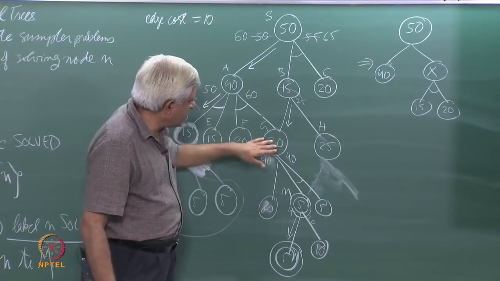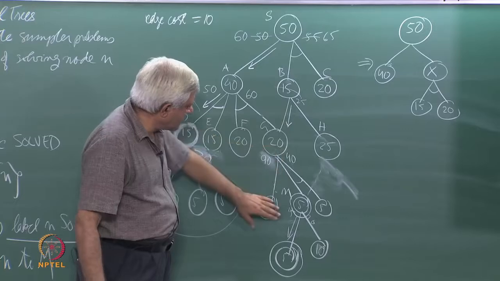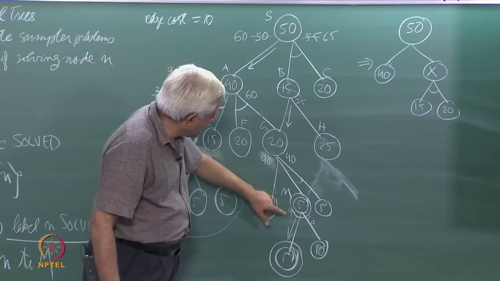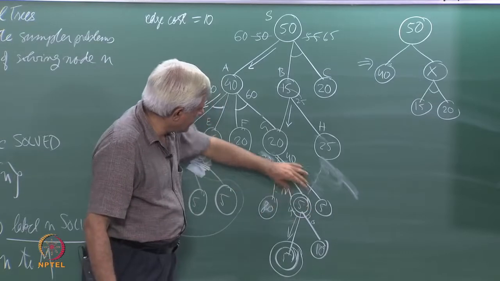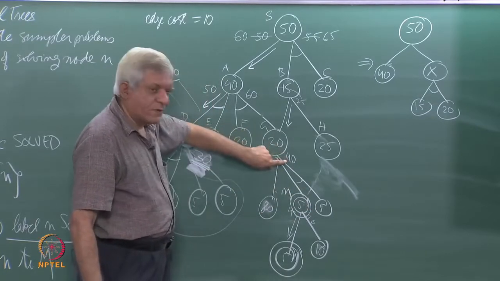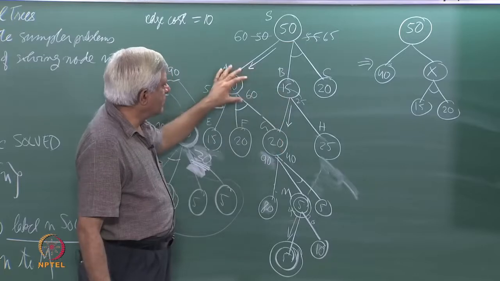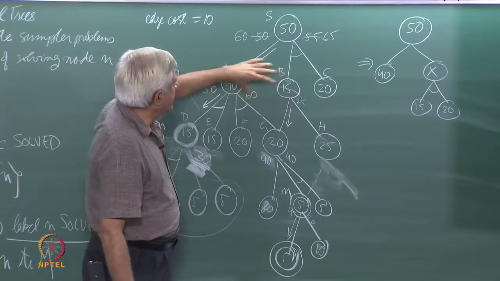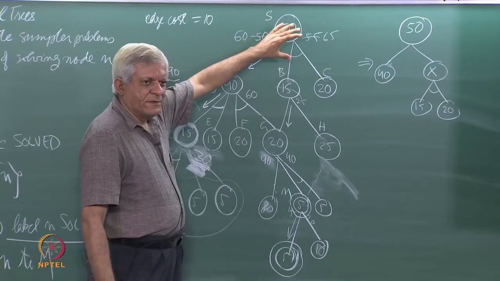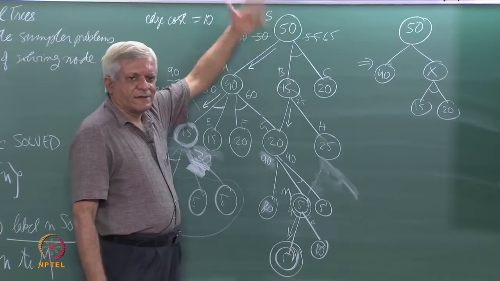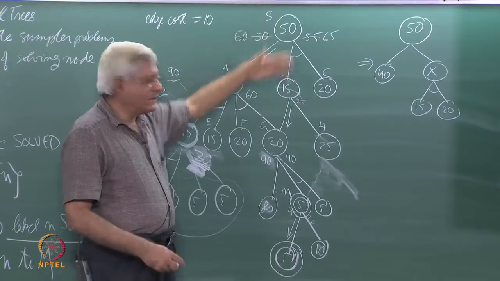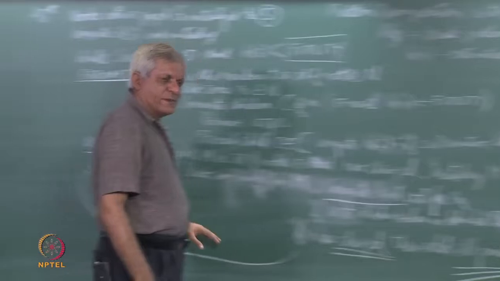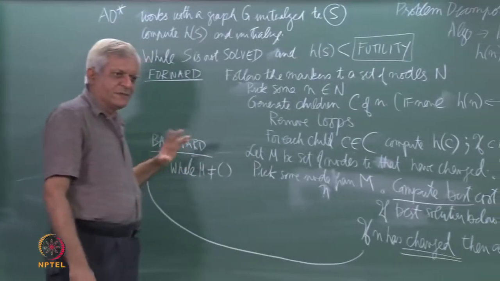So, I will not label this solved, but I will change its value, because originally it was 20 and now this has become 15 plus 5, 20 plus 20, 40. So, from 20 it has gone to 40. So, it has changed. So, I must add both its parents to m, they will change and I will add the root to m, and after I change that I will add nothing to m, and eventually all these m's will get revised and this loop will terminate, which means the backward phase will terminate.